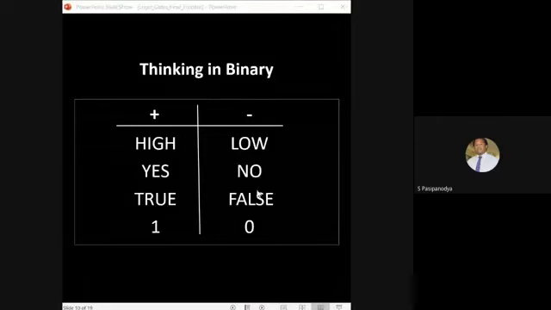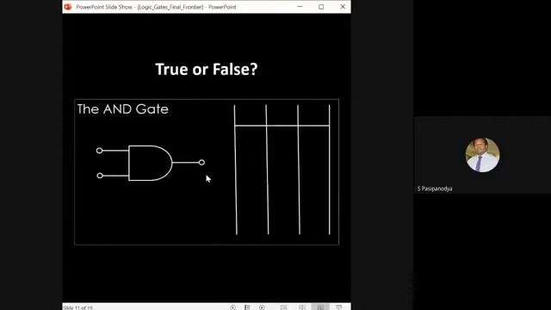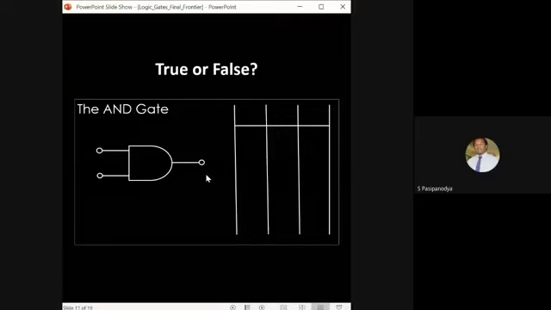Is anyone lost this far? Right. So, let us look.